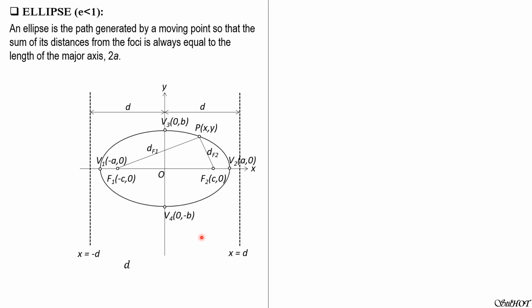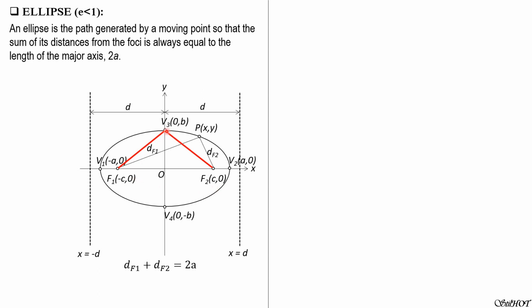So the starting equation is dF1 plus dF2 equals 2a. By distance formula, dF1 is square root of quantity x minus negative a, so x plus a squared, plus y minus 0 squared.